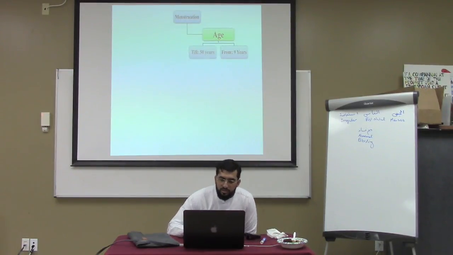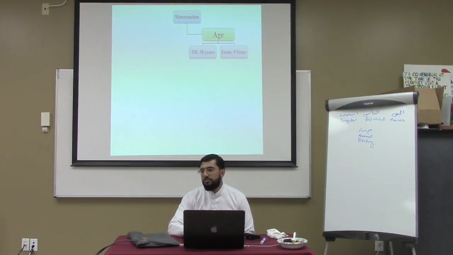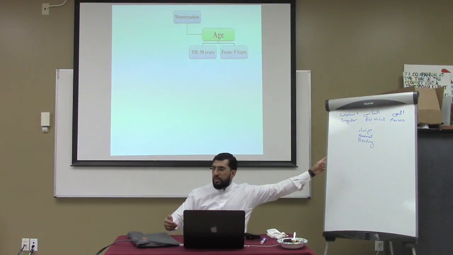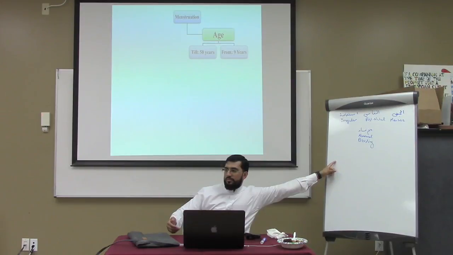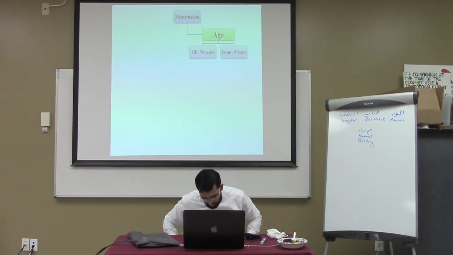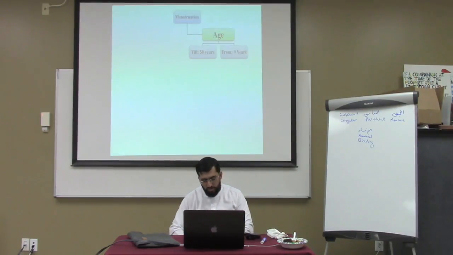The second is till 50 years of age. Meaning after the age of 50, if a woman bleeds, it's considered abnormal. They base this on a hadith in which Aisha radiyallahu ta'ala anha said, "When a woman reaches the age of 50, she has left the age in which she menstruates."